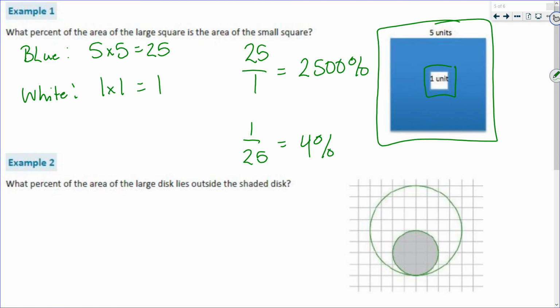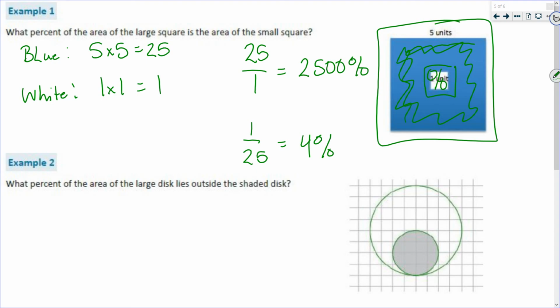So that's your question. Now, I'm going to pose this to you. We're asking what percent of the area of the larger square is the area of the small square. So what percent does this square take up of this entire bigger square?